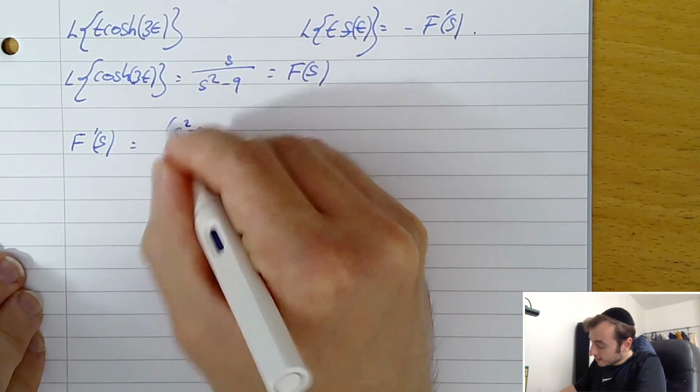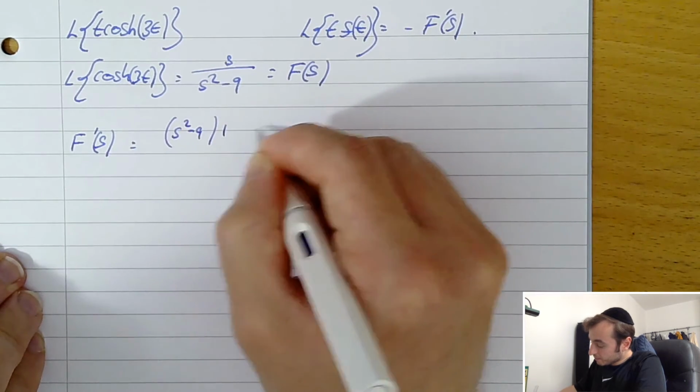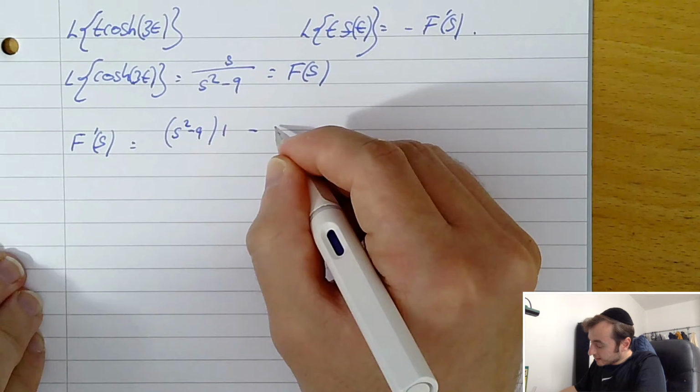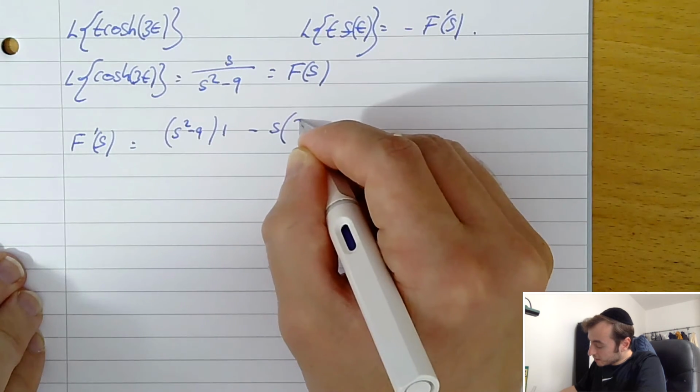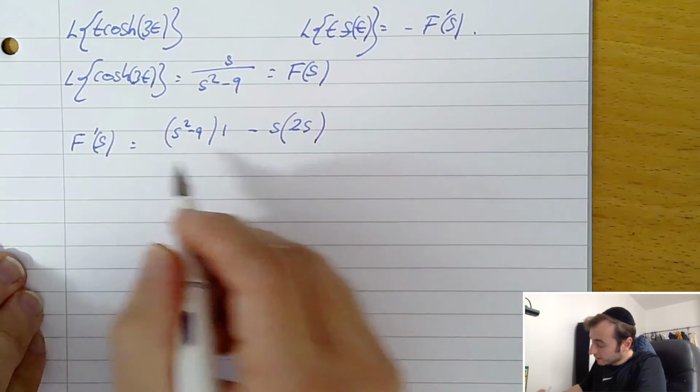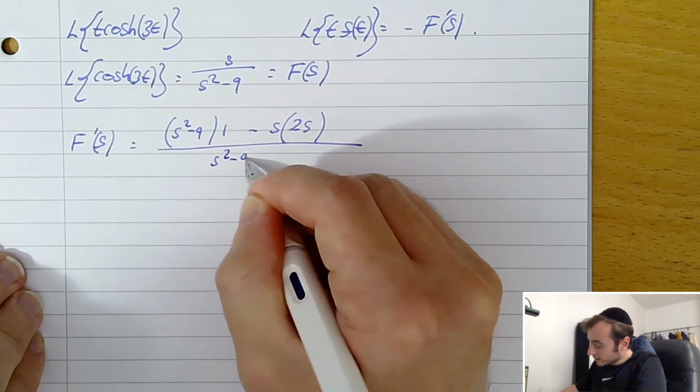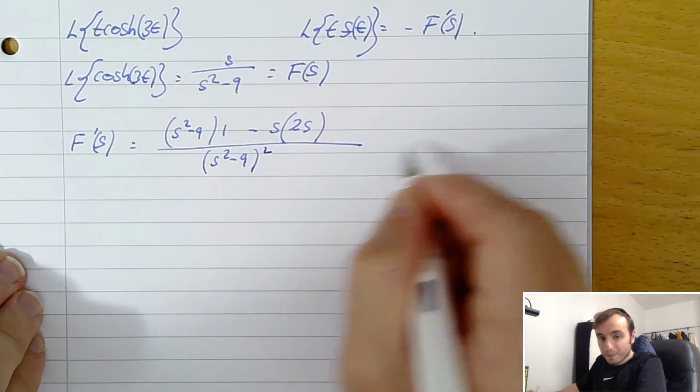s squared minus 9 times 1 minus s times 2s, I think, over s squared minus 9 all squared.